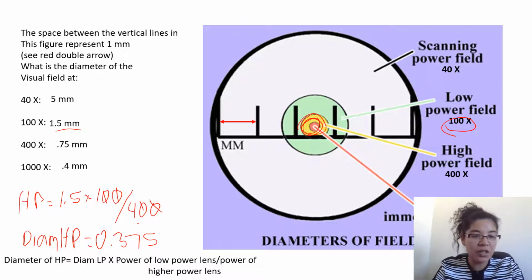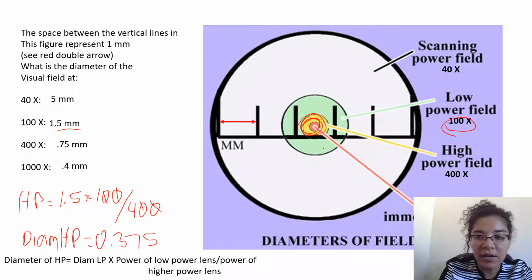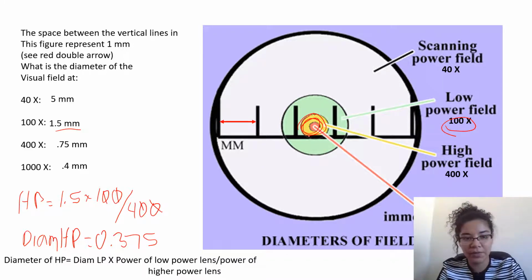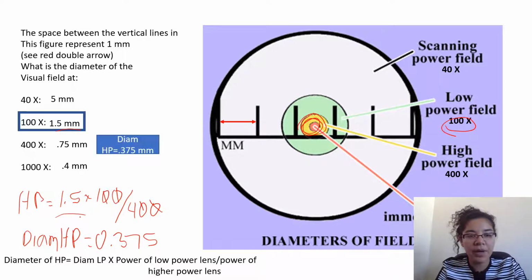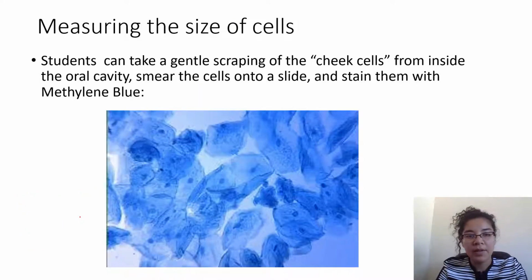That matches pretty closely to our rough estimate, but now we have a calculation for it. So we know the diameter of the area in yellow, the high power field, and we need this in order to calculate the size of one individual cheek cell. Our answer is diameter of high power equals 0.375 millimeters, very close to what we estimated.